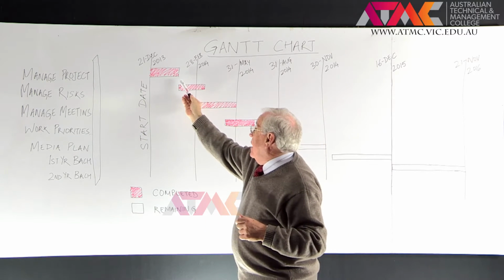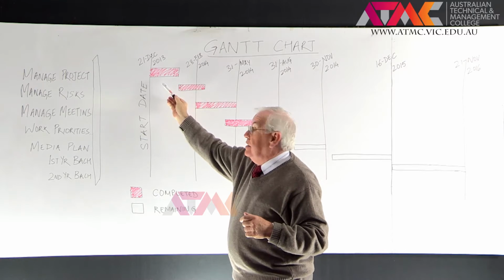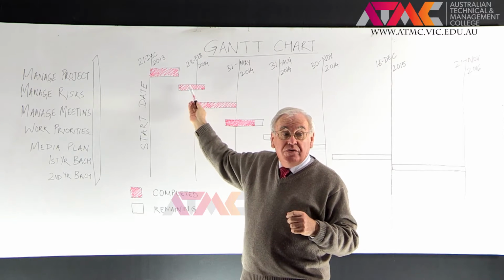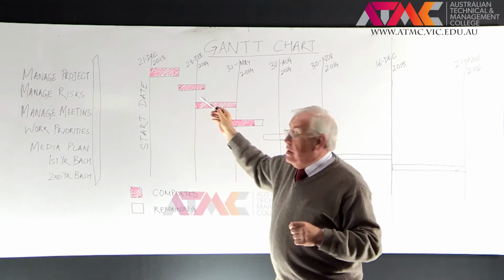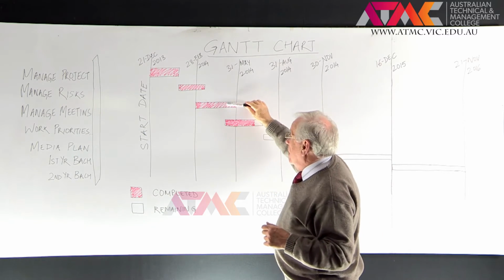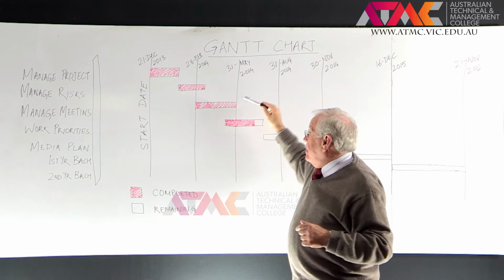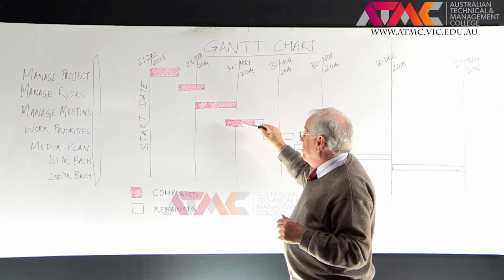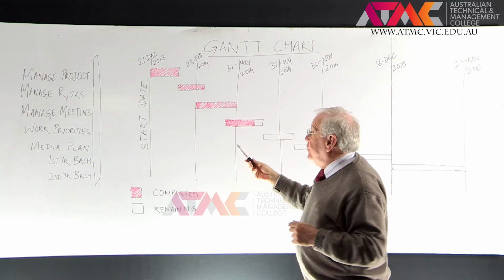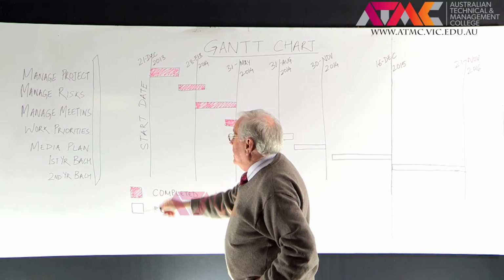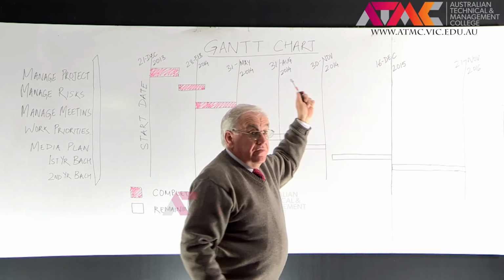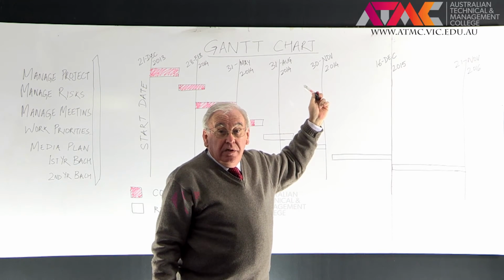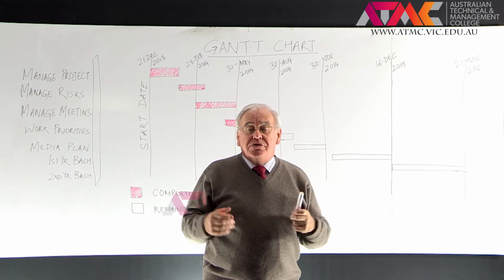It tells you the duration, this time here, that each activity goes for, the length of time it's scheduled, and it will sometimes overlap, and by how much it will overlap. And of course it gives you the start date of the whole project and the finish date of the whole project. And it's just a great tool to use.